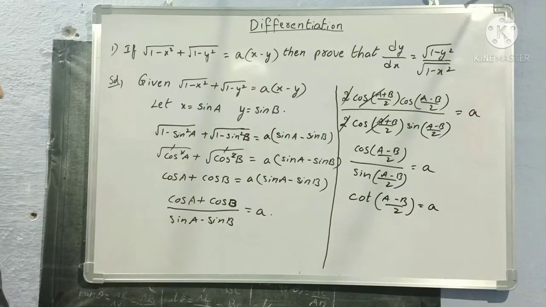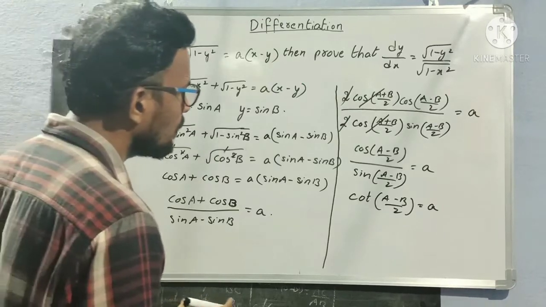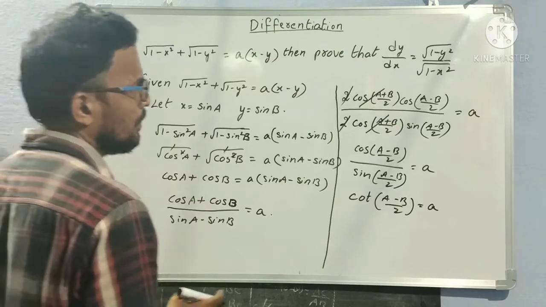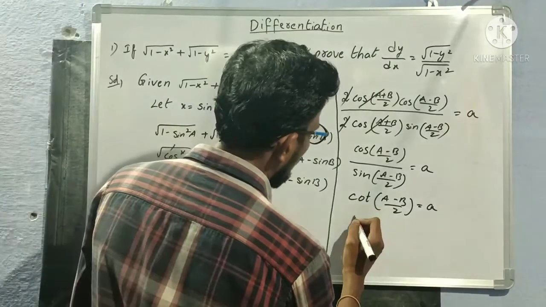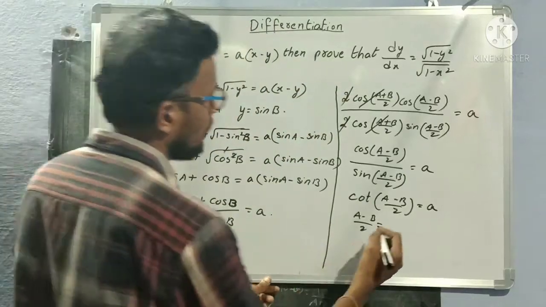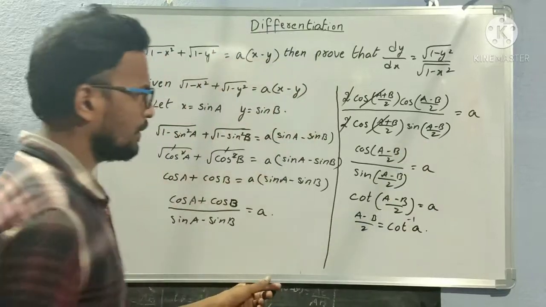Now let us take A minus B by 2 is equal to, if I take the cot to that side, cot inverse a.